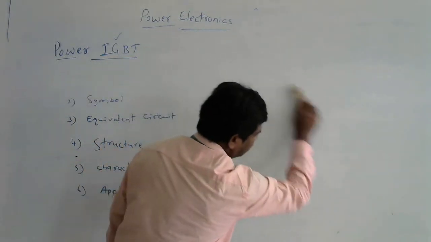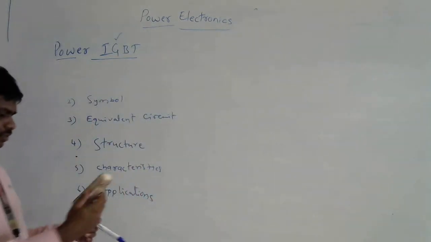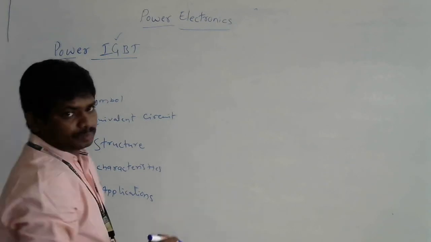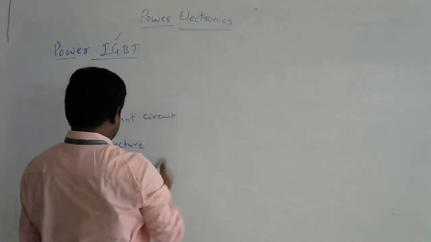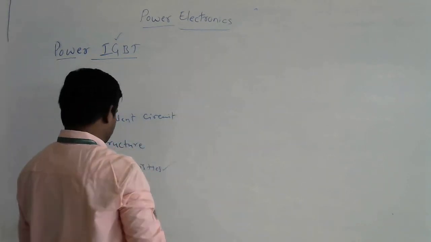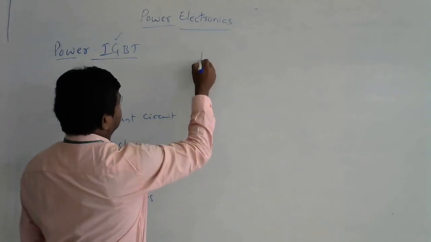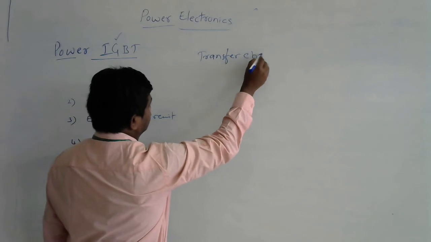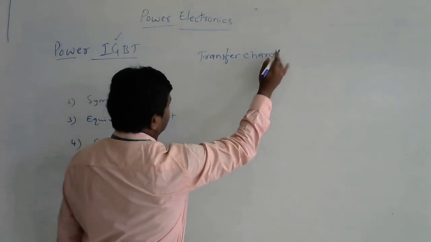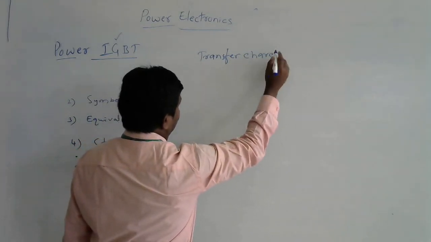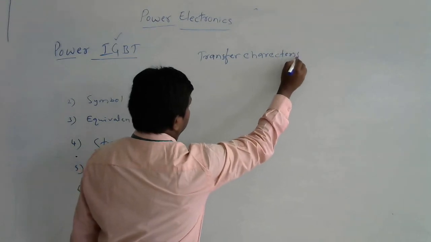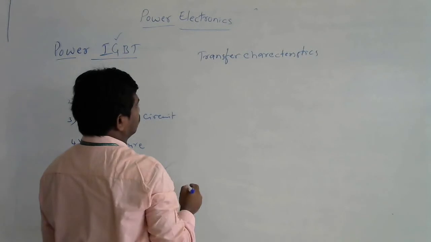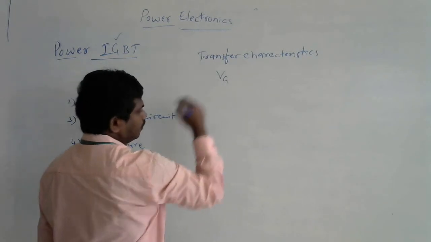What do you mean by transfer characteristics? Transfer characteristics are the characteristics drawn between the input parameter and the output parameter, right? What am I taking as input?